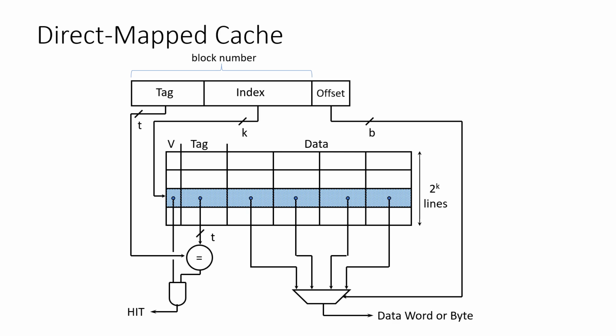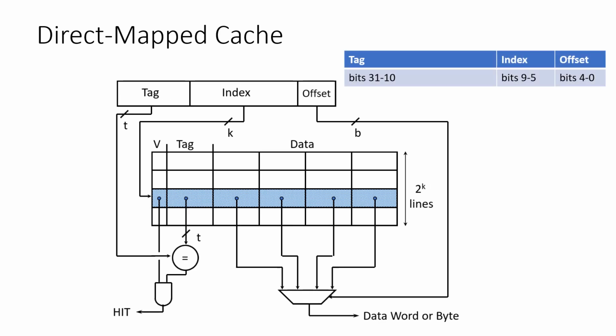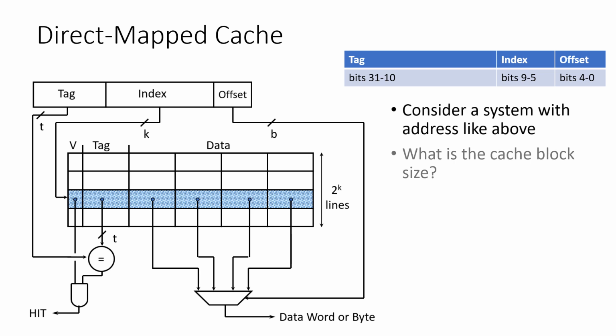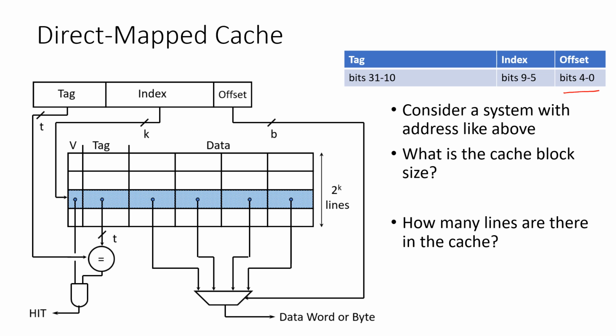Let's look at an example. Consider a system with a 32-bit address like this. What is the cache block size and how many entries or how many lines are there in the cache? Well, the cache block size is determined by the number of bits in the offset.